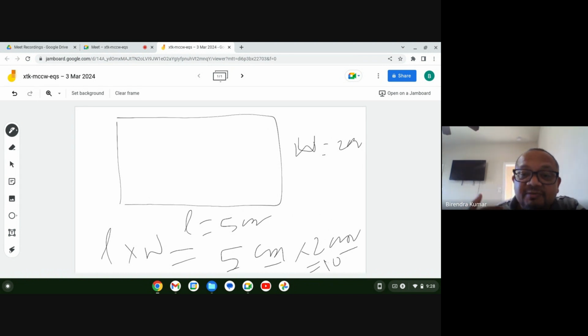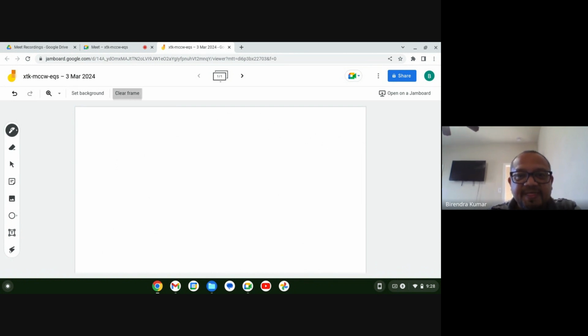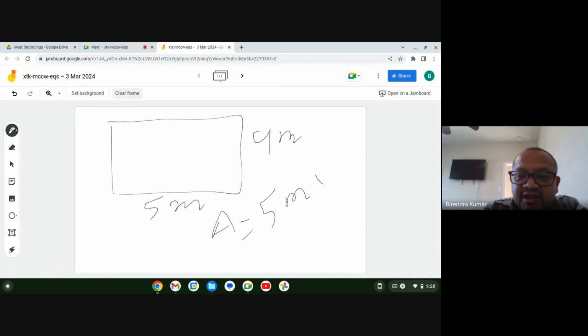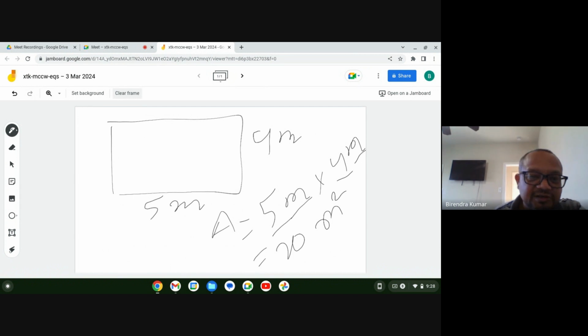They also get multiplied and it becomes centimeter into centimeter, centimeter square. So if you are talking about a rectangle with length as 5 meter and width as 4 meter, what will be the area? It will be length times width. So 5 meter into 4 meter. It will be 5 into 4, 20, and meter into meter becomes meter square. So that is the two thing that you see here.